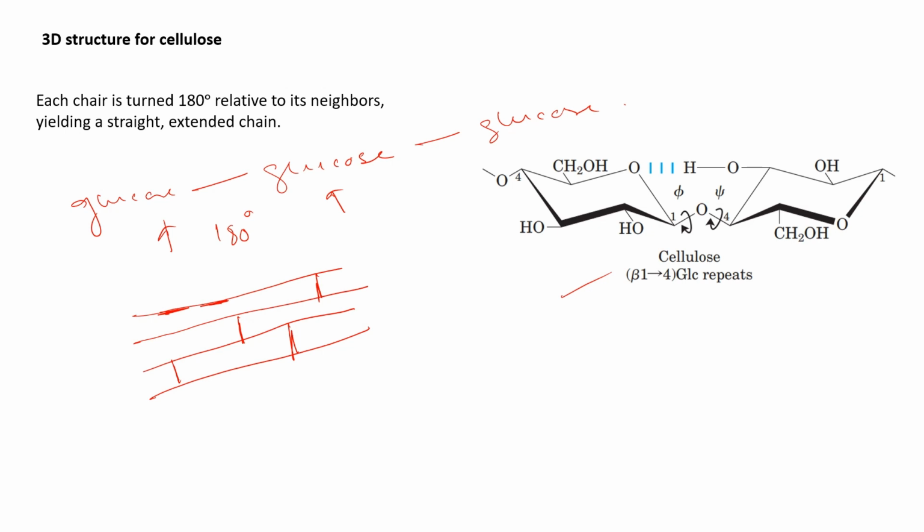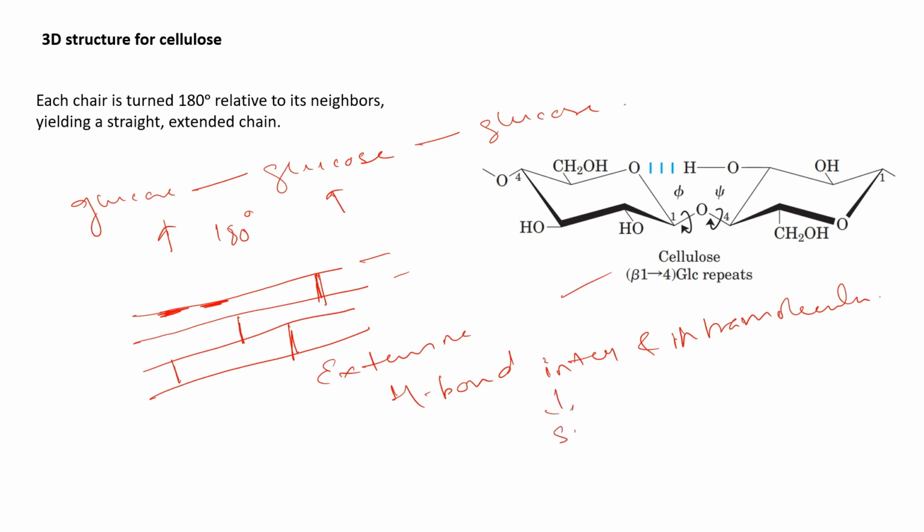So we can find hydrogen bonds both intermolecular and intramolecular, between two sugar units in one chain and between two sugar units in different chains. Like this, it forms a sheet having extensive hydrogen bonding, both inter and intramolecular. Because of this, it forms a supramolecular structure having high tensile strength, and the water content is low.